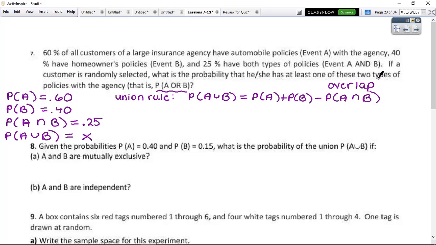So I am now going to plug these in. So I get 0.60 plus 0.40 minus 0.25 equal to X. I think you guys can probably do this in your heads. 1.0 minus 0.25 would just be 0.75.